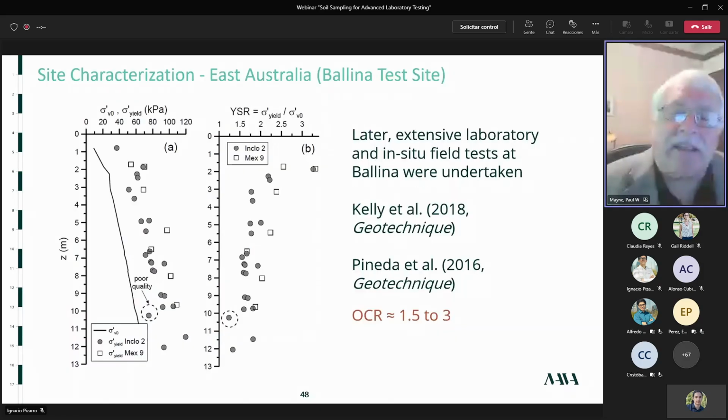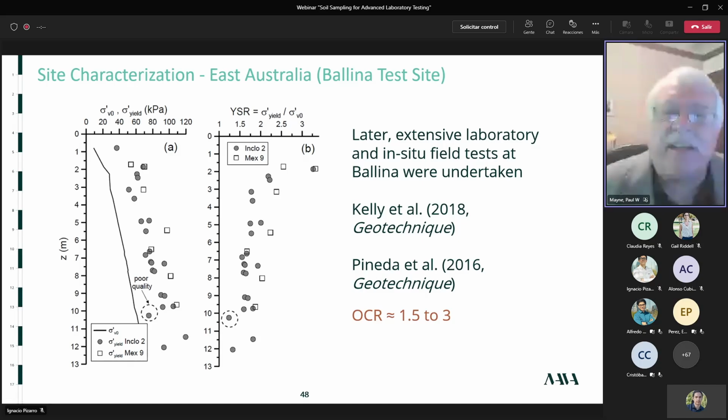After that, they set up a major national test site. The site's called Ballina. It's, again, south of Brisbane, headed towards Sydney. And in Géotechnique, there are 2 fairly recent papers, 2016, 2018 vintage. You can see there, they ran way more consolidation tests.